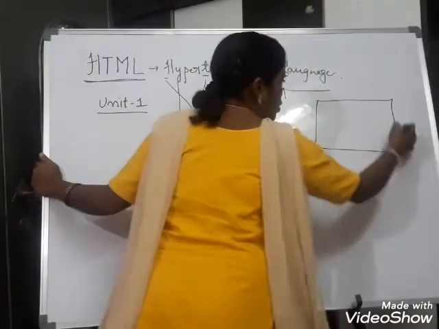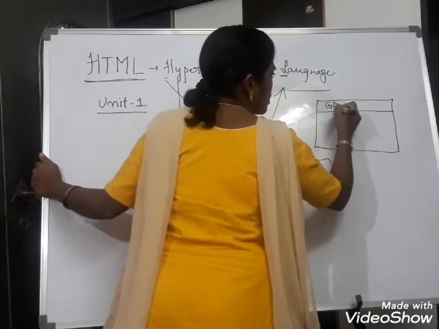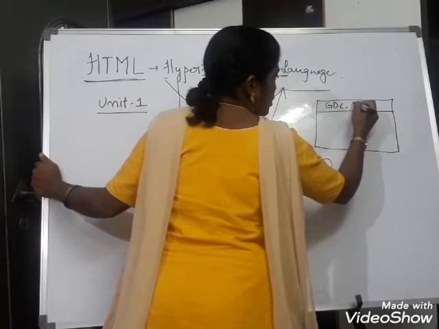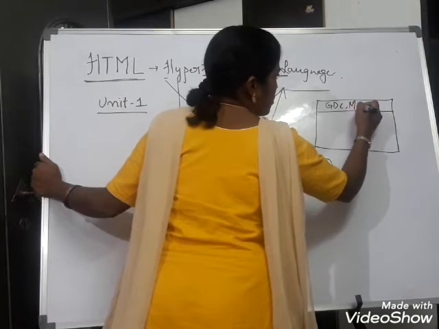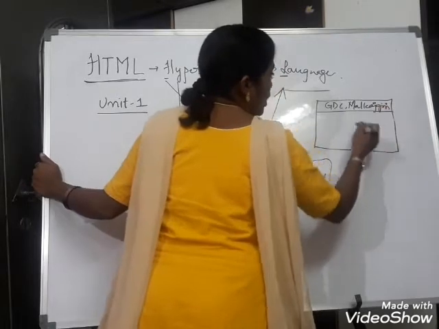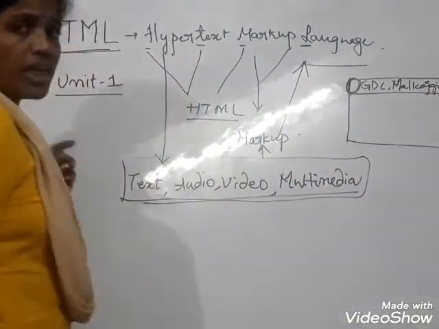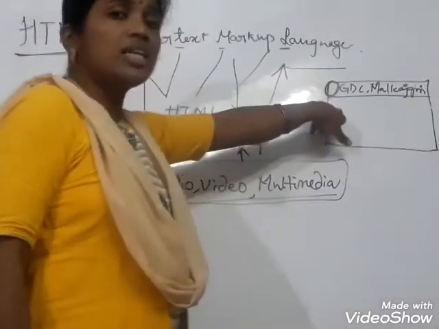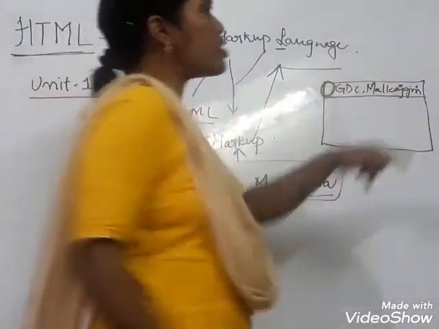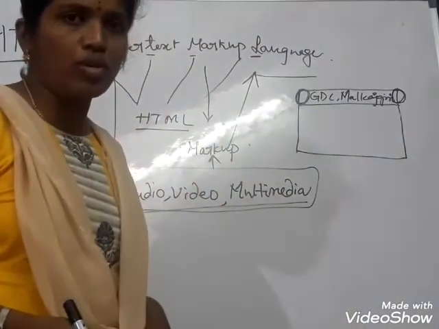Suppose you see your college website, say GDC Malkajgiri. Along with this, I will have a logo which indicates it is the GDC Malkajgiri logo, as well as another logo which is the Telangana Government's logo.